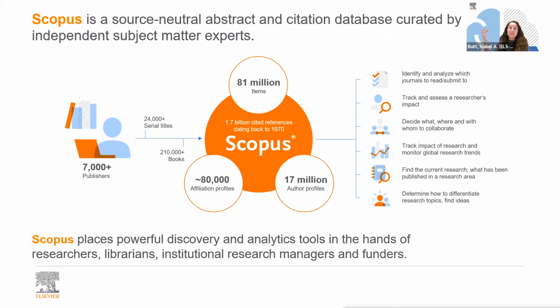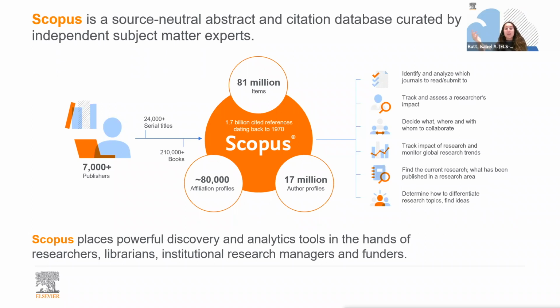So we've got actually 70 million author profiles, or a few more now, that I'm going to talk to you about today. We also create institutional profiles, or as we call them, affiliation profiles, and we've got 80,000 of these. Through our content, profiles, author and affiliation, we can give a great view of the world of research.